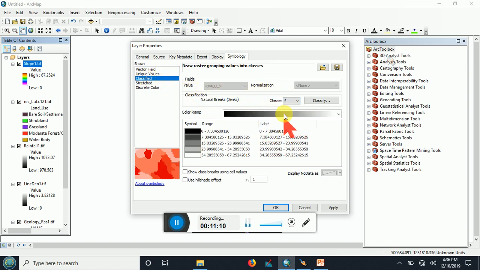Then here you can see that the classification is natural breaks, it's okay, and the classes are 5. When you reclassify those thematic layers, it will depend on how many zones of groundwater potential you expect at the end. How many do you need? Maybe 4, that means very good, good, poor, very poor, or maybe 5 including moderate.